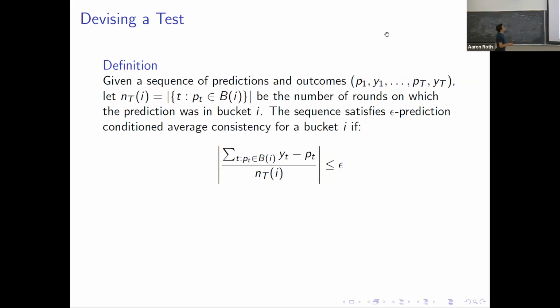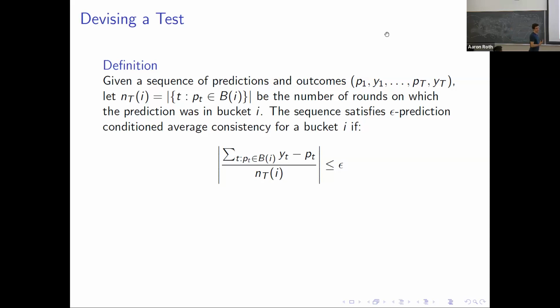And we'll say that the sequence of predictions he made satisfies epsilon-approximate prediction conditioned average consistency for some bucket i if, when we average over all of the days for which he predicted something in bucket i his prediction, and we average over the same set of days the actual outcome, the fraction of times it rained, those two things should be close.